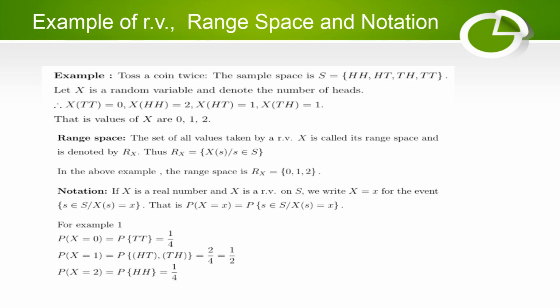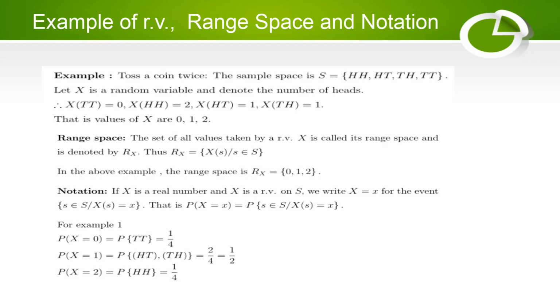Notation: if x is a real number and X is a random variable on S, we write X equals x for the event {s belongs to S / X(s) equals x}. That is, P(X equals x) equals P({s belongs to S / X(s) equals x}).